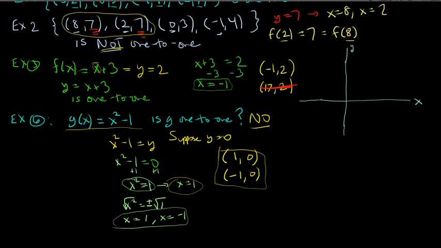So we want to graph the function, basically just the line y equals x plus 3. So 1, 2, 3, 4, 5, 6, 7, negative 1. This will be a little bit sloppy, but the graph is just a straight line.